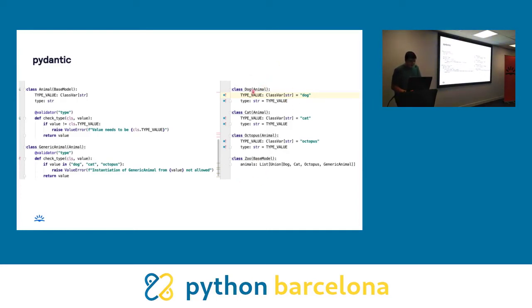We have a dog, and we say that the type value is dog; cat, with the type value cat; and the same for octopus. So we create a zoo, and we say that we have a list of animals. Here, we say that animals can be a dog, a cat, an octopus, or a generic animal.